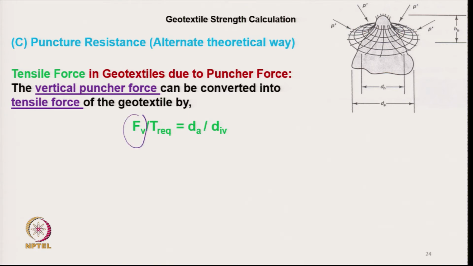Fv is the vertical puncture force, and T required is the tensile force on the geotextile, which is given by dA, the diameter of the stone, and dv, the initial void diameter of the fabric, that is, the opening diameter of the fabric.